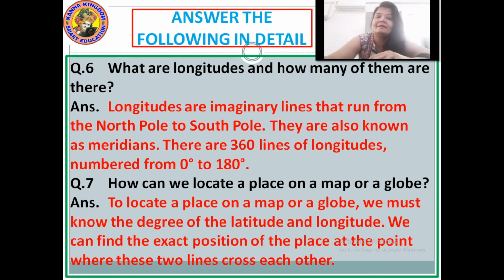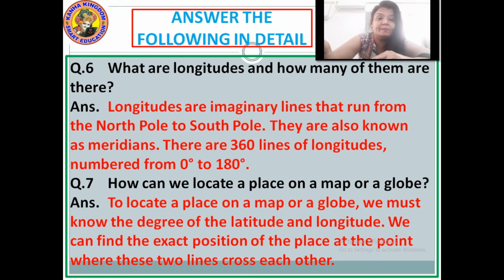Whether it is the latitude, you should know the degree where it is located, and also the longitude. So to locate a place on a globe, we must know the degree of the latitude and longitude.